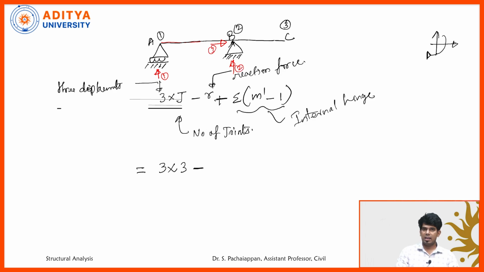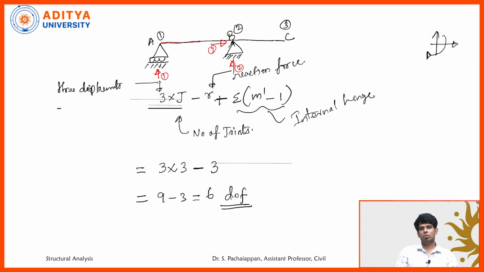Totally 3 reaction forces. In this problem we don't have any internal hinges, so the term plus summation of m dash minus 1 is not applicable. So 3 multiplied by 3 is 9, minus 3, we get 6 degrees of freedom.